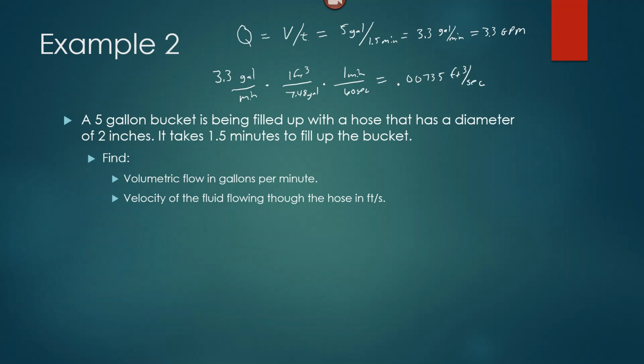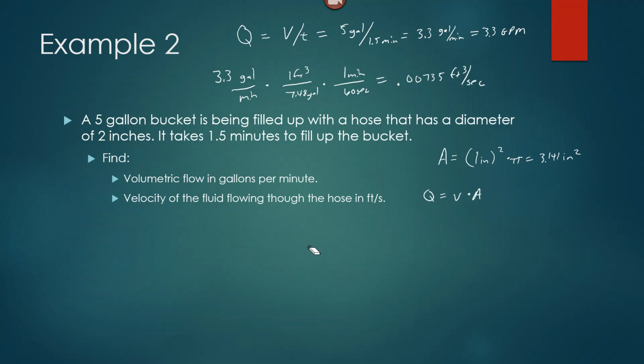We're also going to need to know the area of our hose. So we'll look at that real quick. Area equals 1 inch squared times pi. Gives us 3.14159, the rest of it, inches squared. So our volumetric flow rate is also equal to Q equals velocity times area.